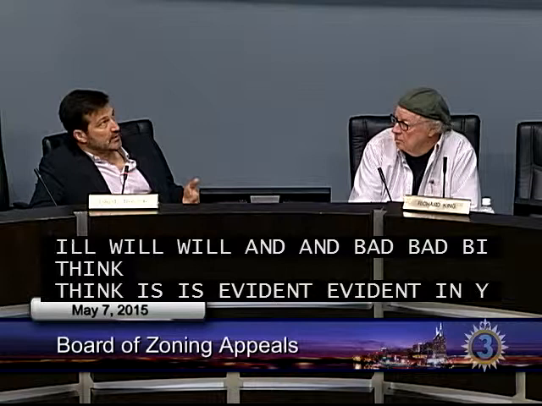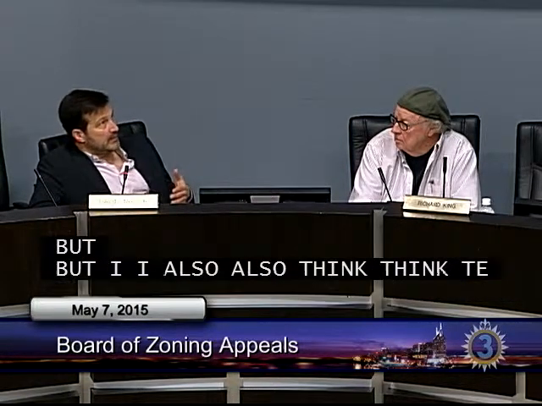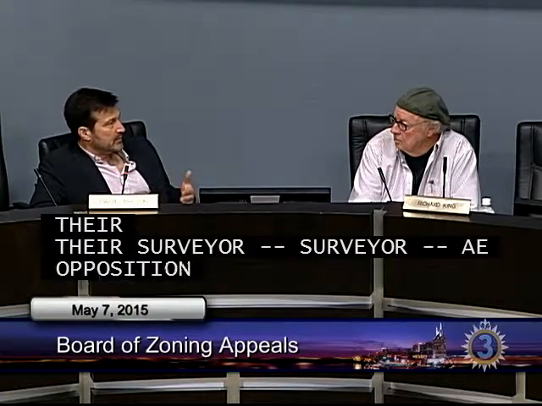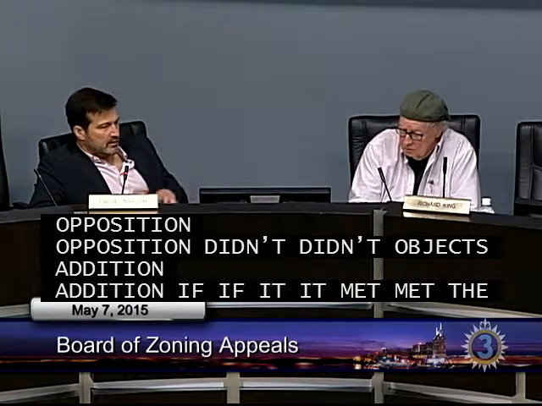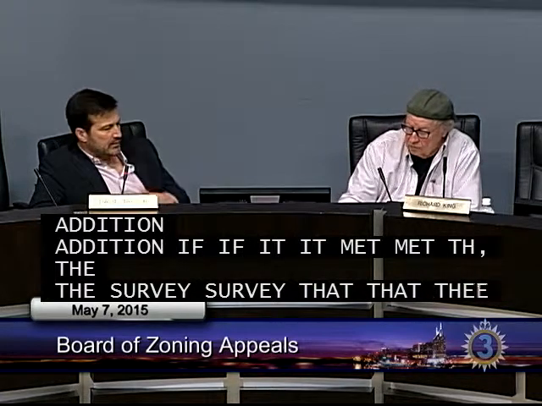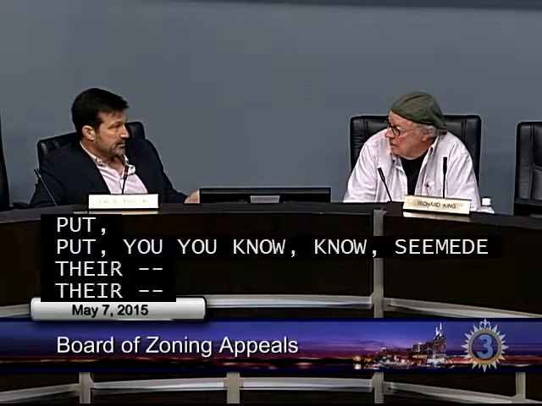But I also think that since their surveyor and the opposition didn't object to this addition if it met the criteria, the survey that the appellant put, seemed to be the opposition survey with the addition not encroaching.